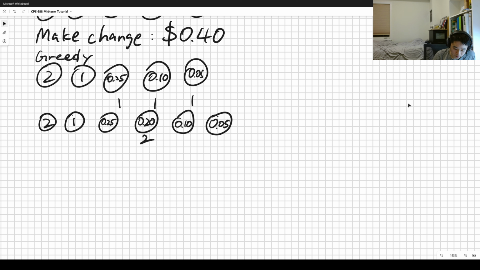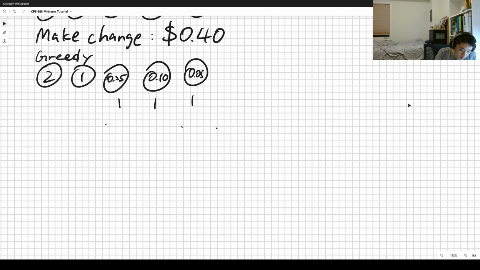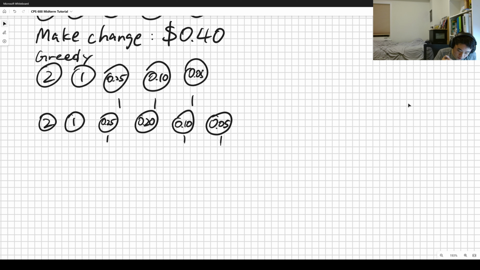I'm going to write this. Actually, never mind. I'm going to mark the wrong one in red, and I will also take this as green. Like you could have taken 20 cents twice instead of taking 3 coins.